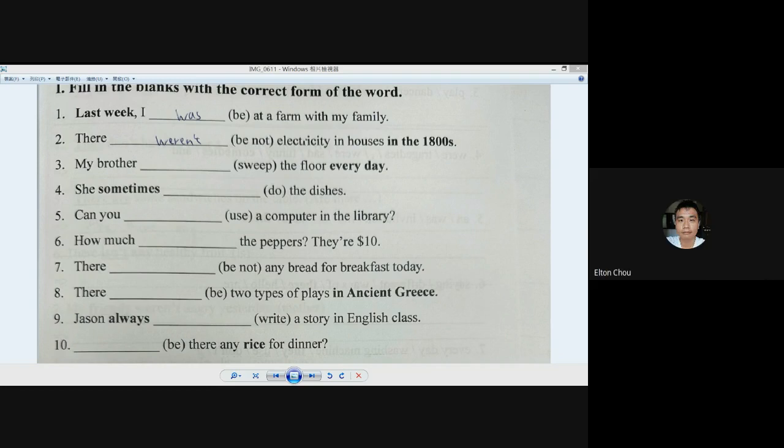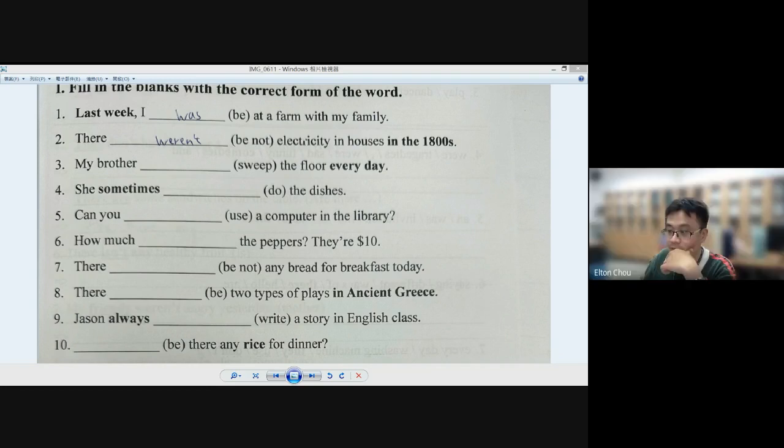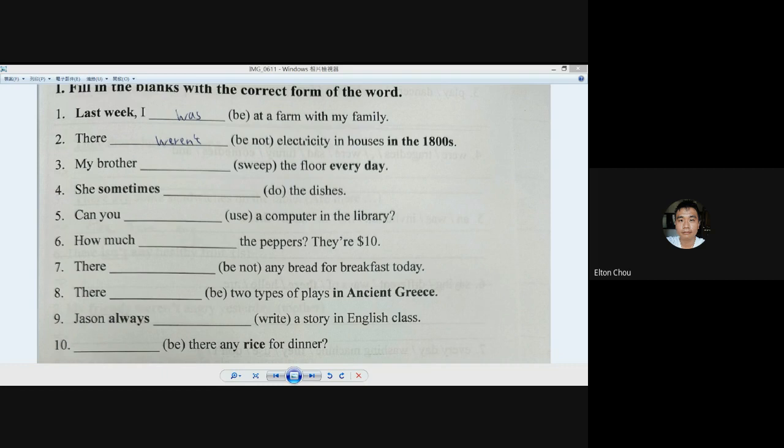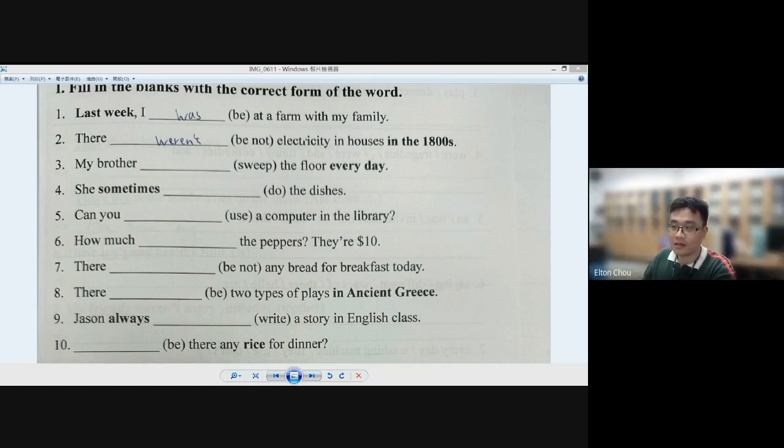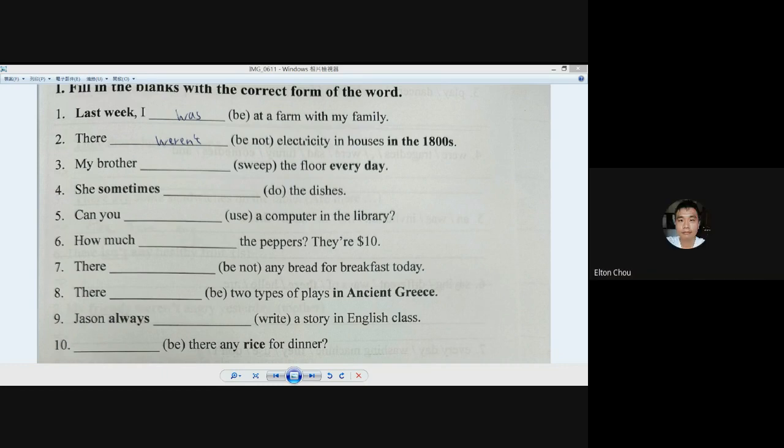So we use verb ed, verb past, or was or were. Be verb is like was or were. So last week I was at a farm, right? And in the 1800s, I know it seems like every, in, on, at, but it's actually in the past.